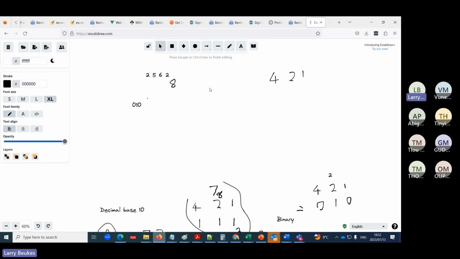Then the 5 will be 1, 0, 1, right? And then the 6 will be 1, 1, 0, right? 6 is 4 and 2, right? So that's why it's a 1 here and a 1 here and a 0. So 4 plus 2 is 6, right? And then the 2 will be 0 here, 1 here, and a 0. So 0, 1, 0.